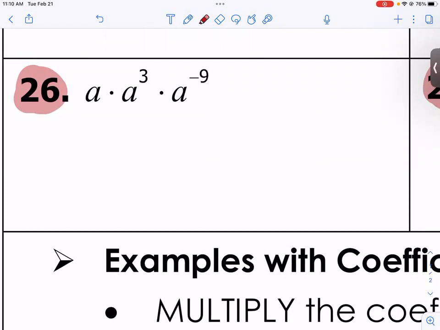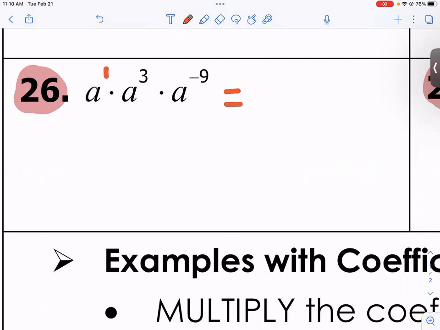All right, eyes up here, please. Corin, what's the exponent on this guy? 1. Okay, so what did you do to get your exponent here? What did you do with 1 and 3 and -9? I didn't add the one.